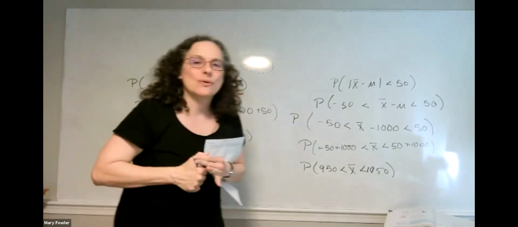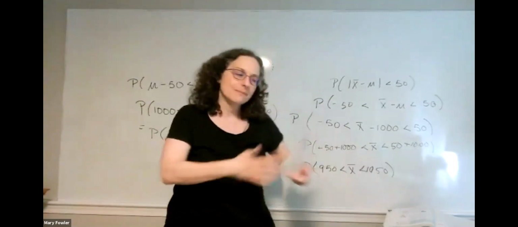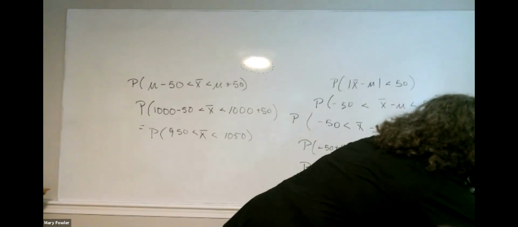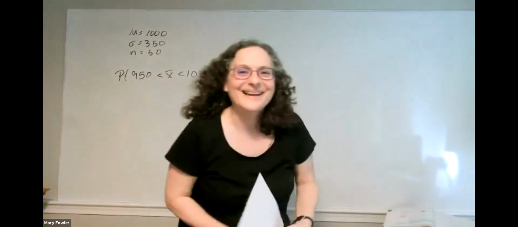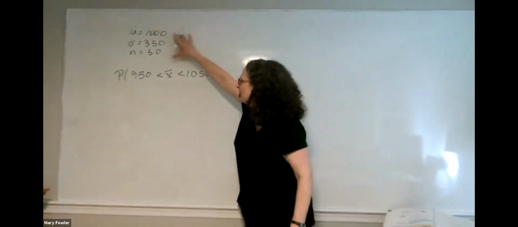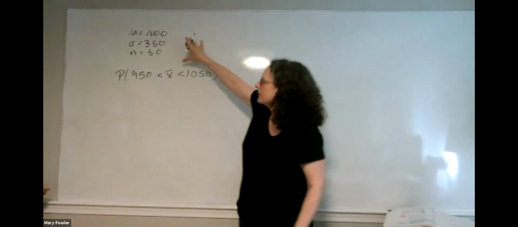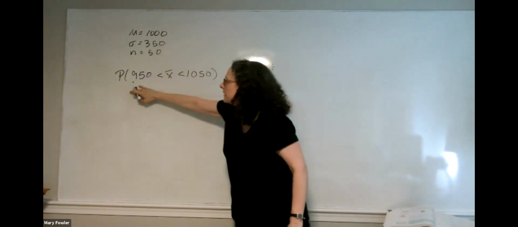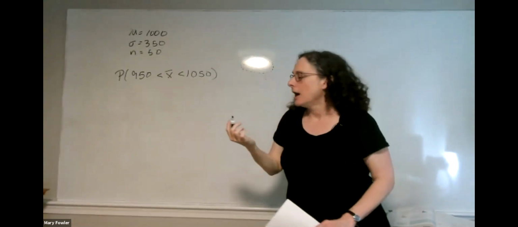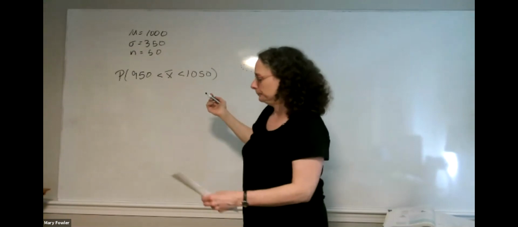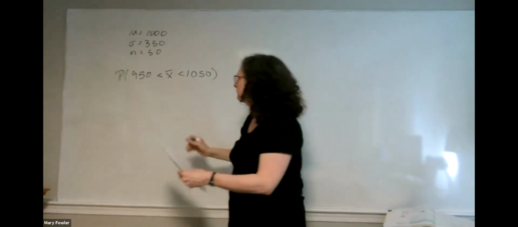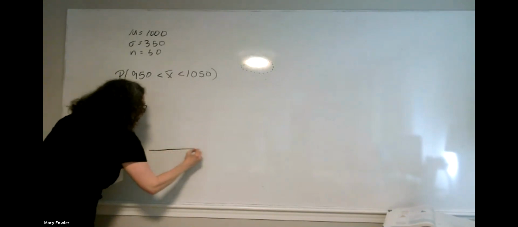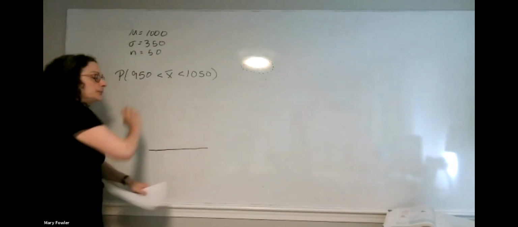So what I'm going to do is lay out the problem and we'll do that probability calculation. I'm going to clean the board. Okay, so we have the problem laid out here. These were our population parameters, sample size, and what we're trying to get at. We need to comment on the shape of the distribution of the sample mean.